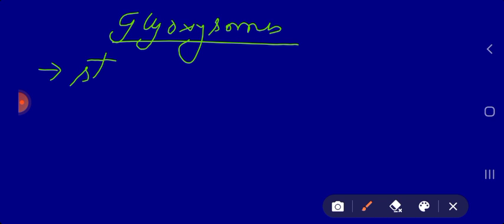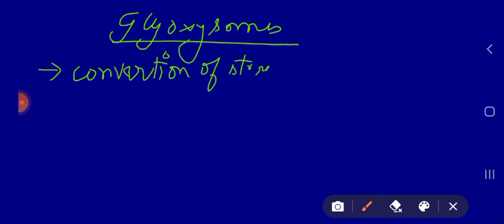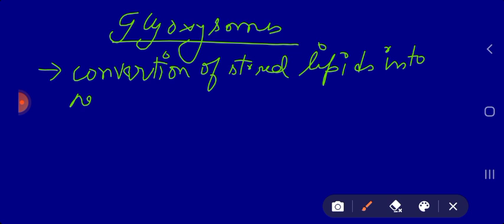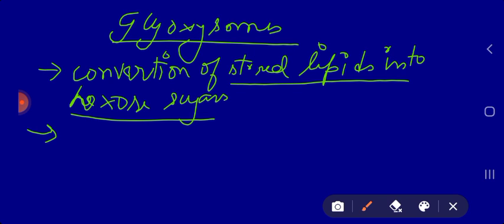So the conversion of stored lipids into hexose, that means 6 carbon sugars, and this conversion of stored lipid into hexose sugar is known as gluconeogenesis.